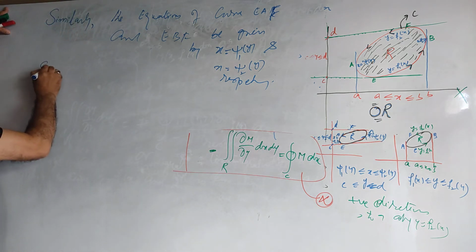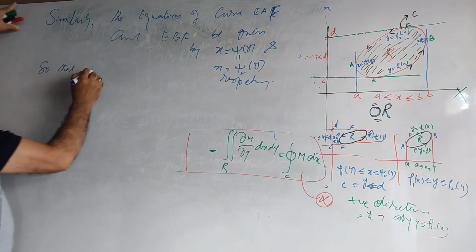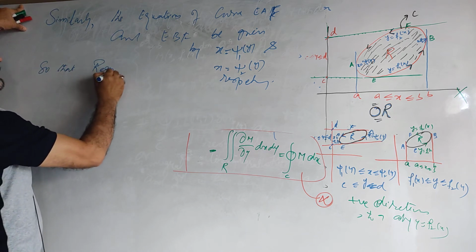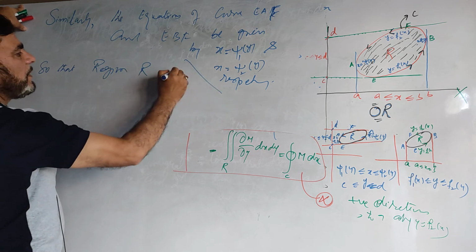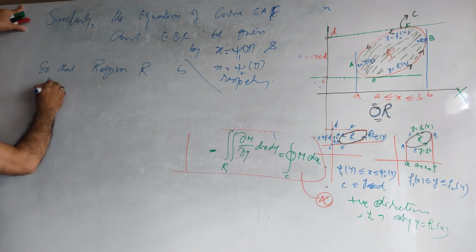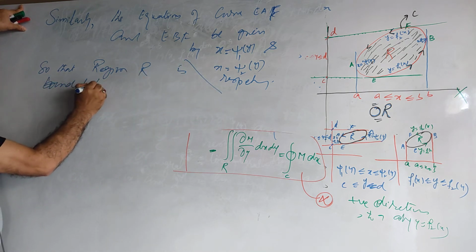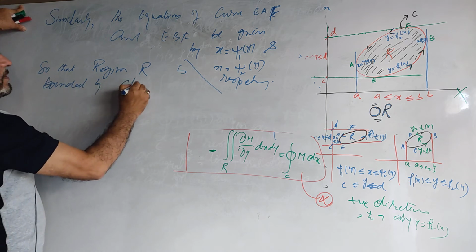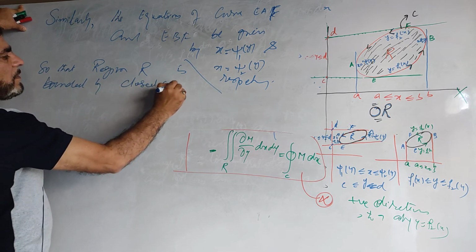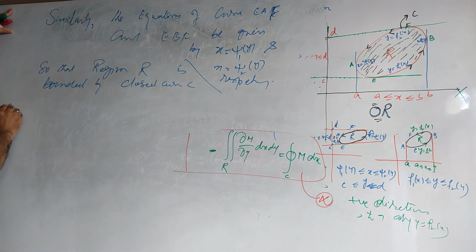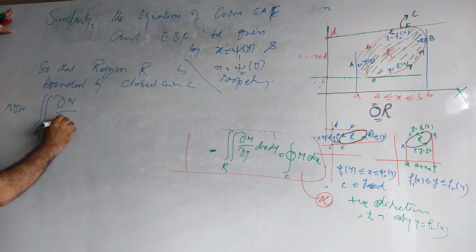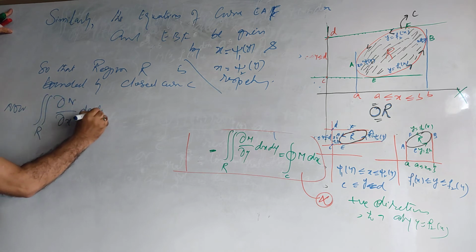So that region R is bounded by closed curve C. Now we calculate the surface integral of the partial derivative of N with respect to x dx dy.